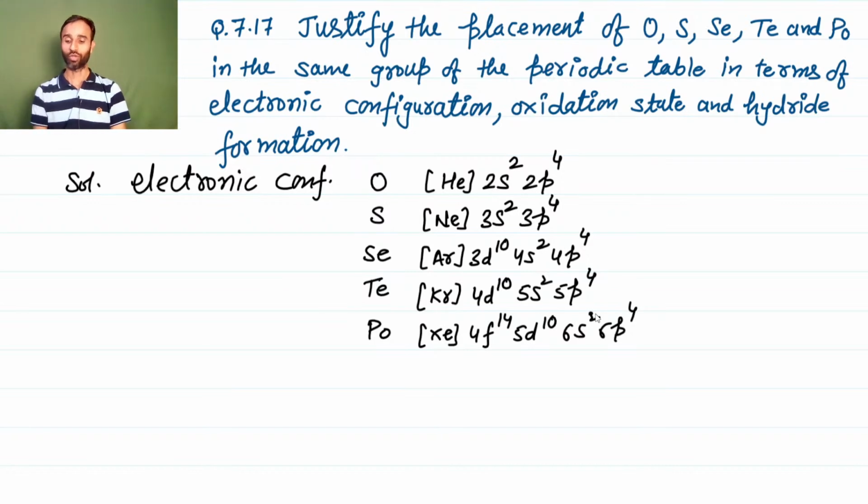Okay, oxygen is atomic number 8, then sulfur 16, selenium 34, tellurium.